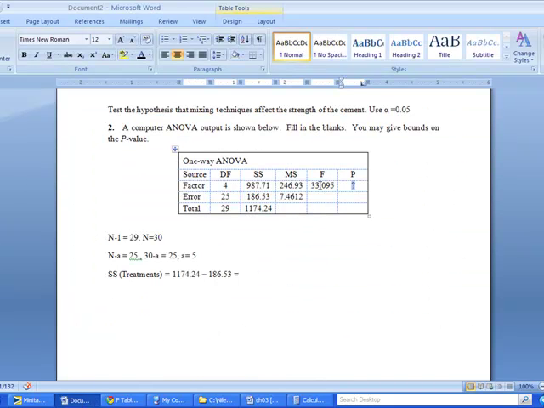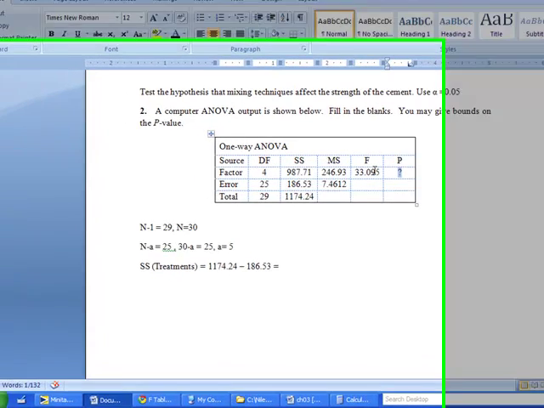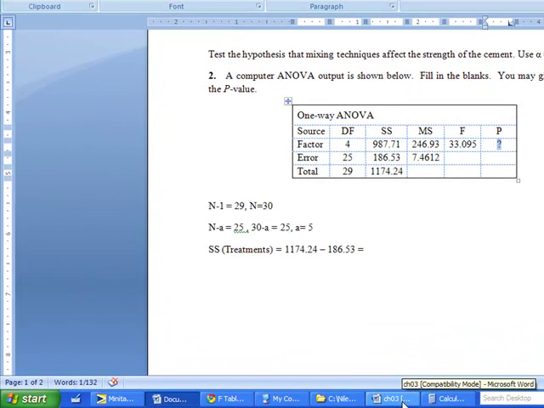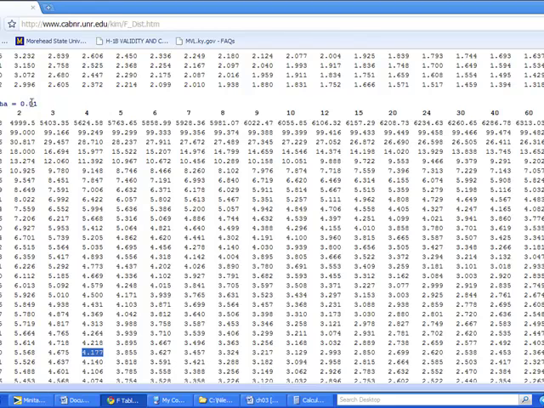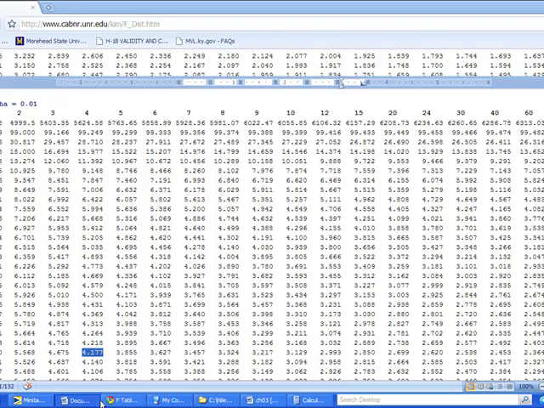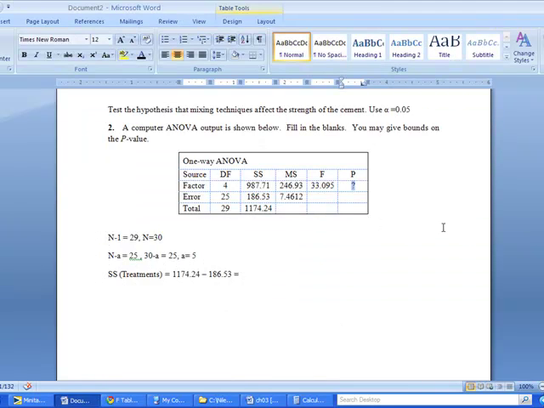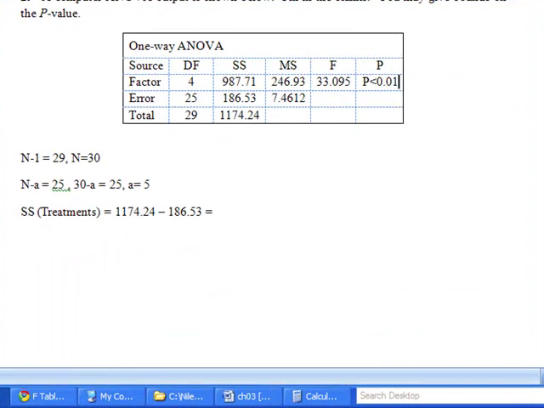But the observed value of F is 33.095, which is greater than the value of F at alpha 0.01. That means our p value should be less than 0.01, right?